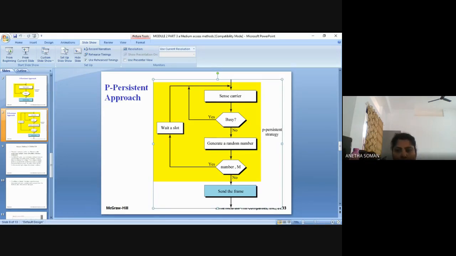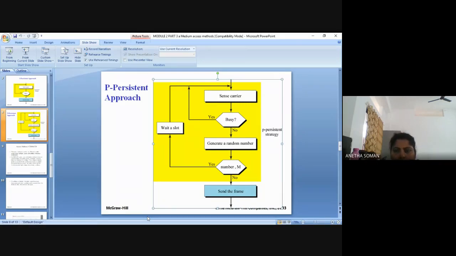That is 80% of the time it refrains from sending the frame. In the meantime, it generates a random number between 1 and 100. If the random number is less than 20, the station will send the frame. Otherwise, it will wait, meaning it will wait a slot. Again, it will sense the line and the procedure continues.